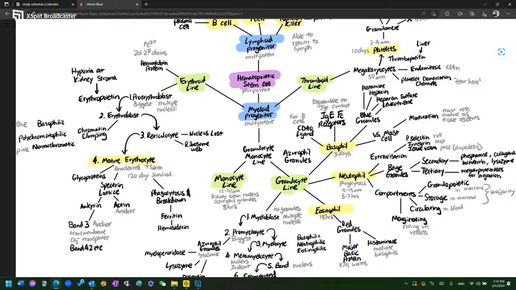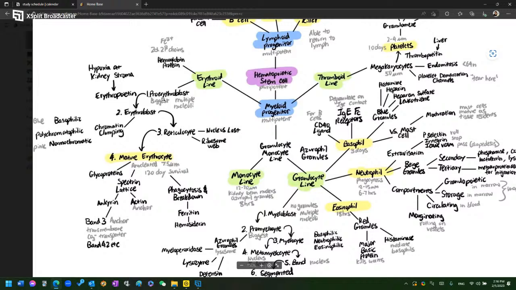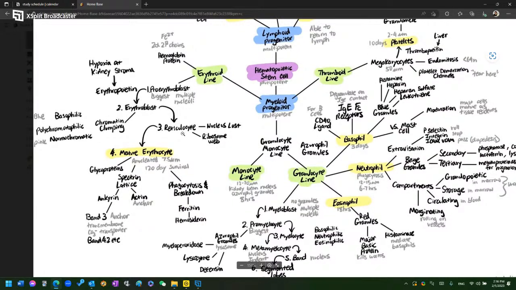It changes conformation based on different environmental conditions, which helps it release oxygen better in specific areas. But we didn't focus too much on that. It's a bit of biochemistry that I will not talk about. And so let's go over how a red blood cell is made.